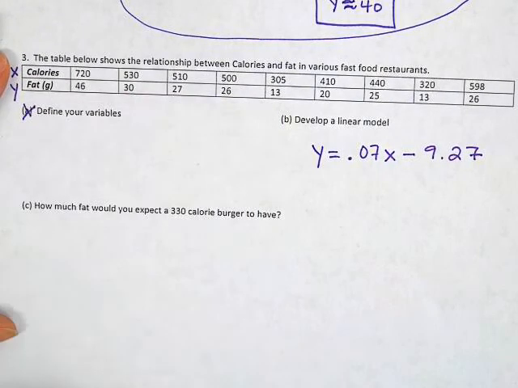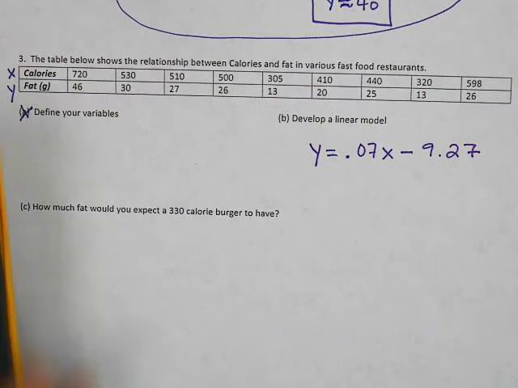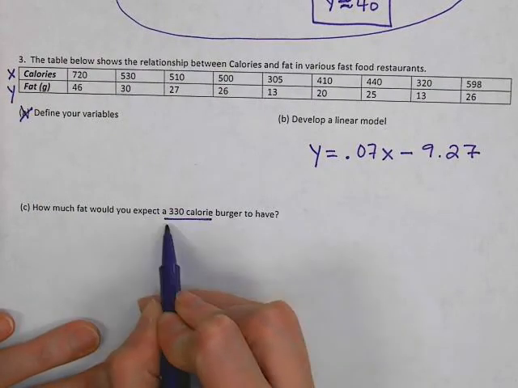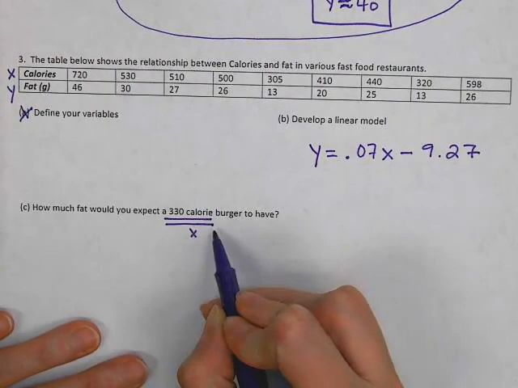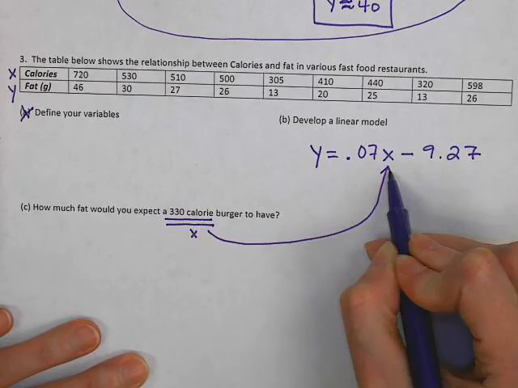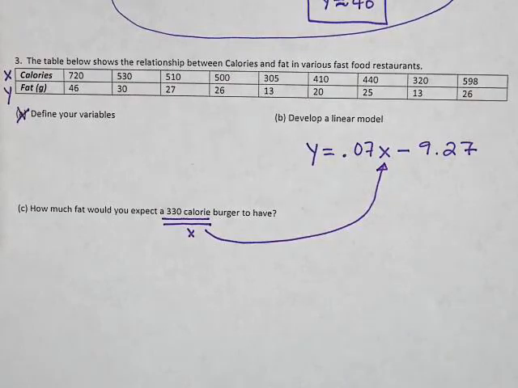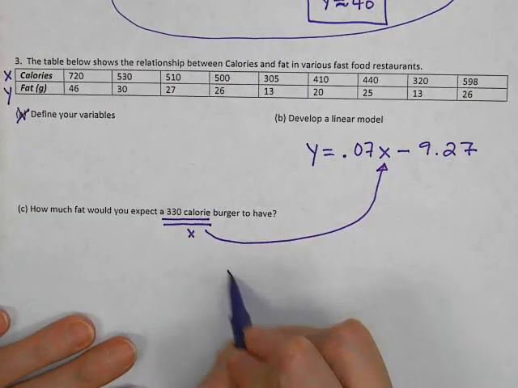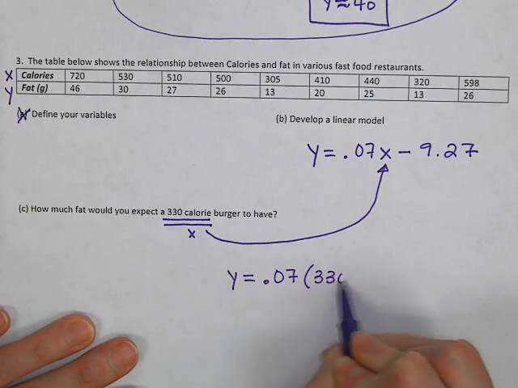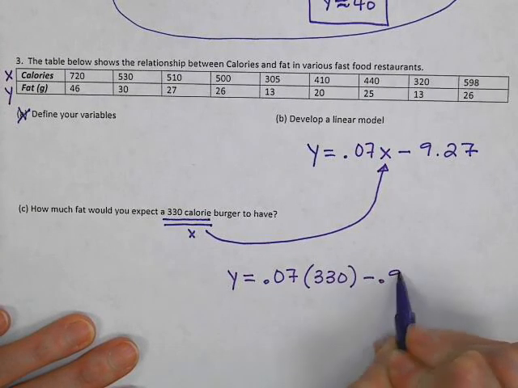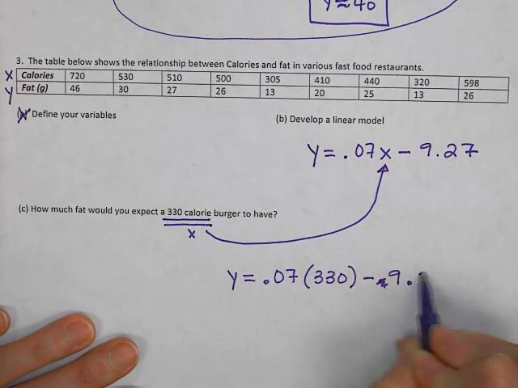Okay, and then C says, how much fat if it's 330 calories, well, calories is X. So we're going to plug that into X and see what we get for Y. Okay, so in the calculator, Y equals 0.07 times 330 minus 9.27.